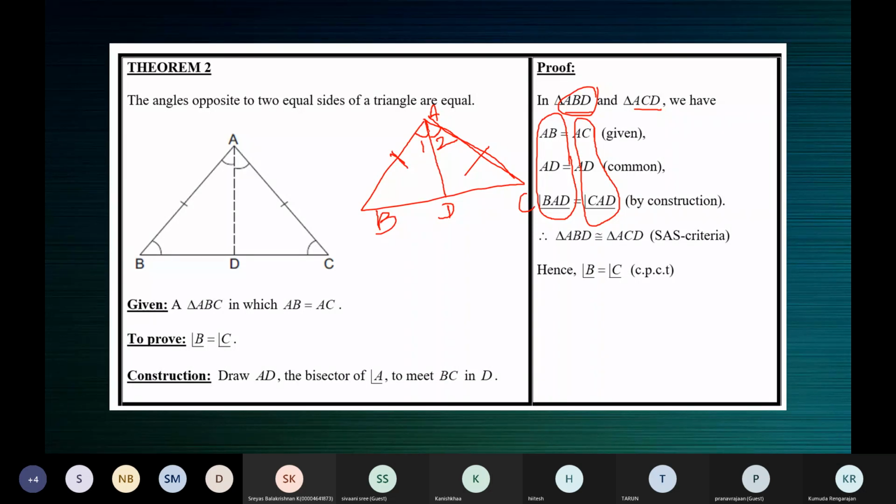What? Ma'am, in that AB is equal to AC, ma'am. A is the midpoint of? Oh, sorry, ma'am. I didn't notice that. I thought it was BDC. Okay.